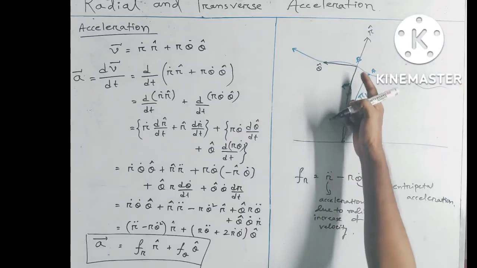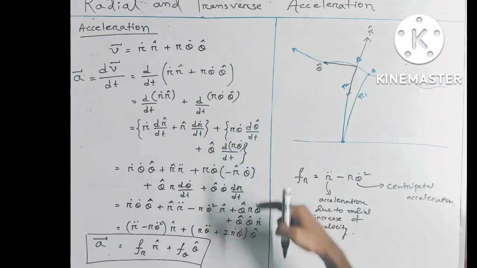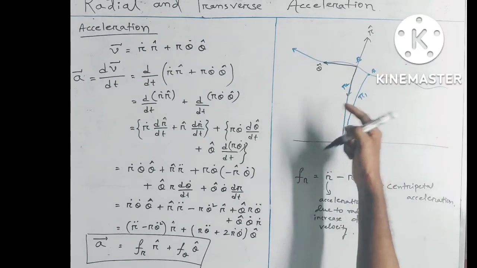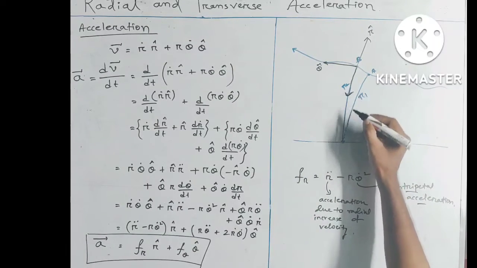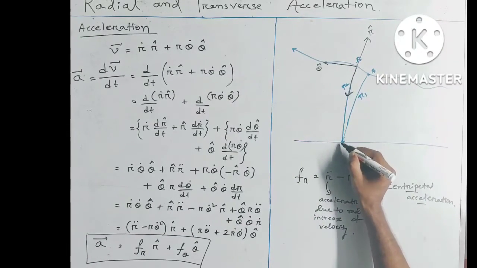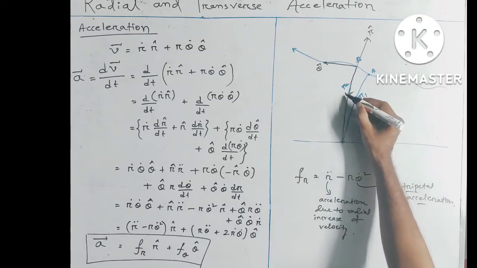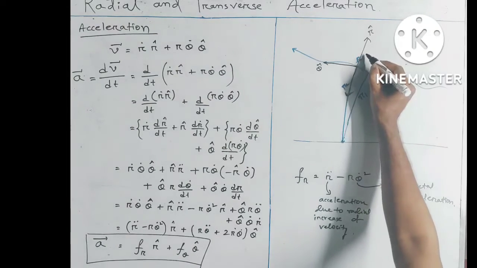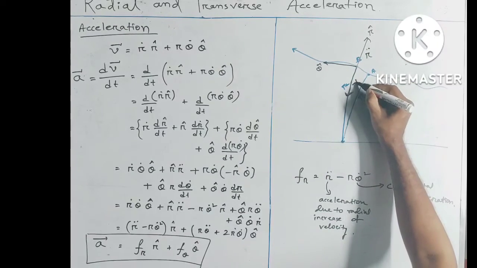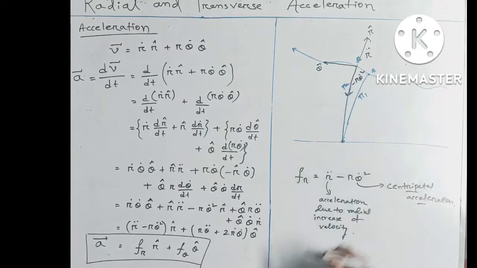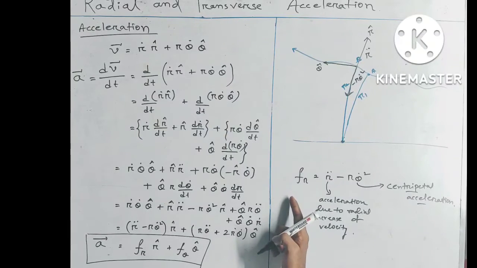When it is moving in a curved path, then there is some centripetal acceleration towards the center. So its components are r double dot, and here it is minus r theta dot square. So this is Fr.